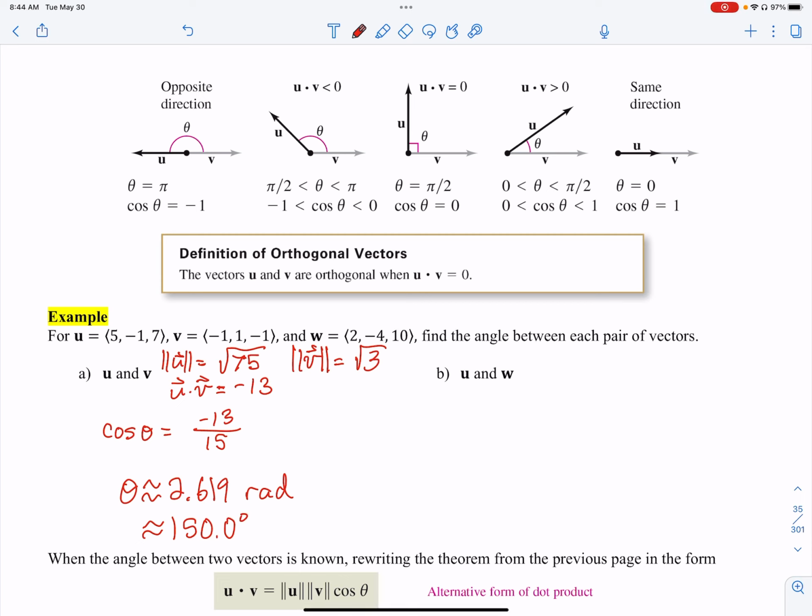Okay. u and w. All right. So I want to find, I already have the magnitude of u, thankfully. Still square root of 75. The magnitude of w. All right, if I do that, that's 4, 16 is 20, 120, square root of 120.